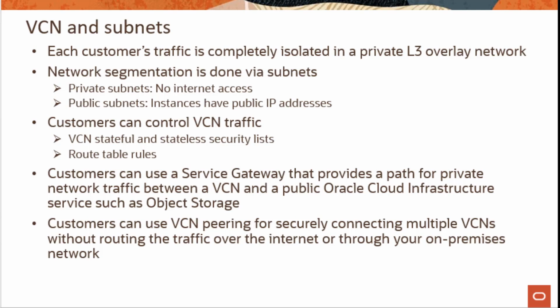But if there is a use case where compute instances in one VCN need access to compute instance in a different VCN, that can be achieved through VCN pairing. And VCN pairing can be done both in the same region or across multiple regions. Now the same VCN pairing feature can be used to provide access to your on-premise network.